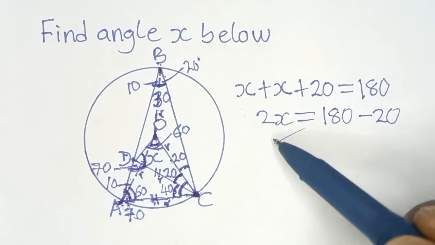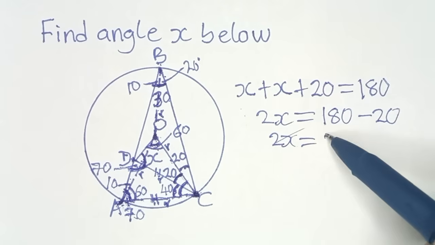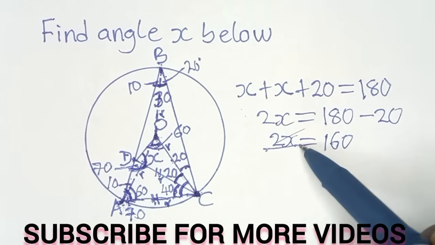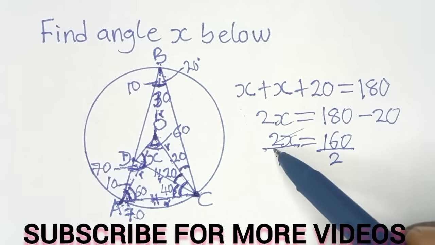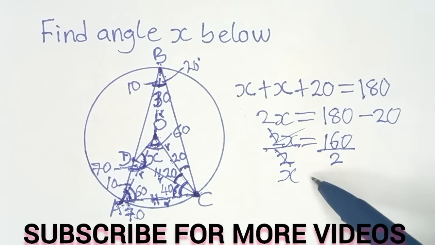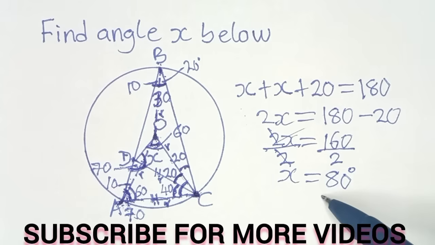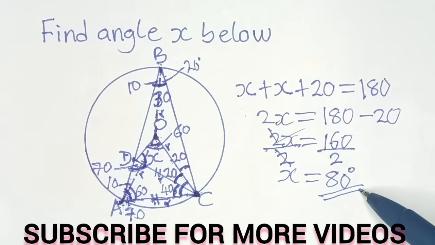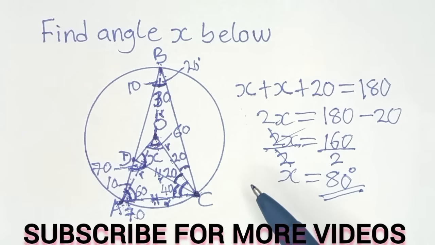So 2x will be equal to 160. And then I can divide both sides by 2. That will give me the value of x as 80 degrees, because 160 divided by 2 is 80. So the answer for angle x is 80 degrees, and that's the final answer.